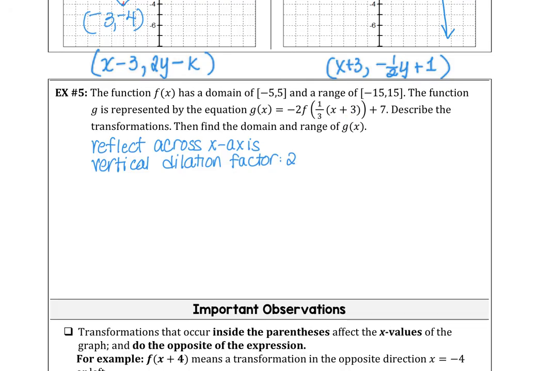We have a horizontal translation there, so making a note of that. Horizontal translation, negative 3, that's taken us to the left. And I missed this. We also have a horizontal dilation factor right there. So horizontal dilation factor is 3 in this case. So we need to make a note of that.